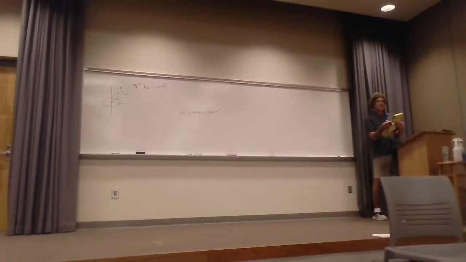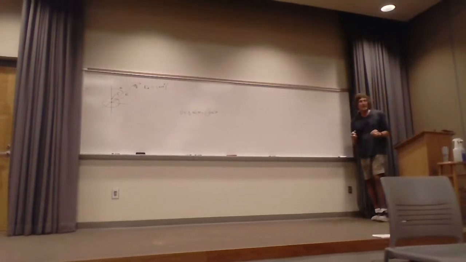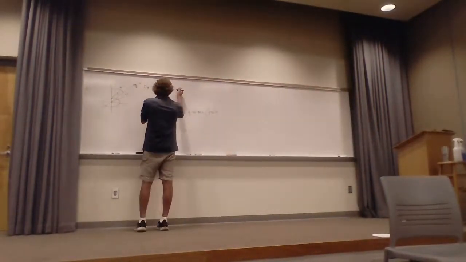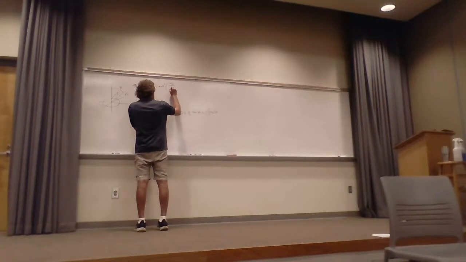It's 340, and then he's going to have S over lambda squared, I believe, right?